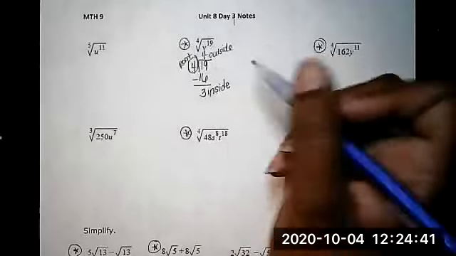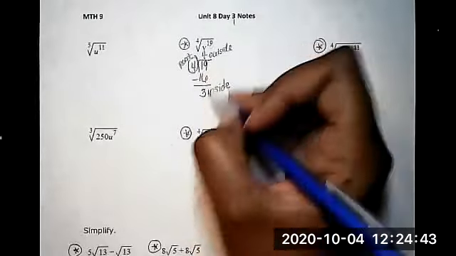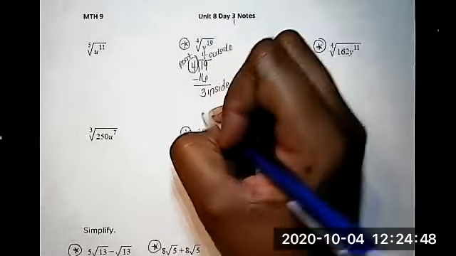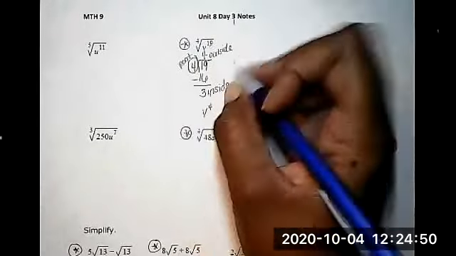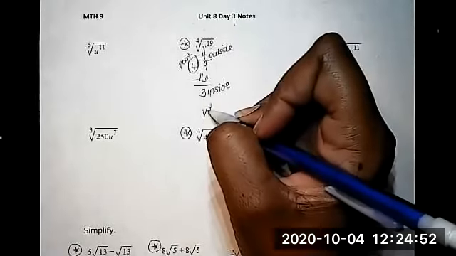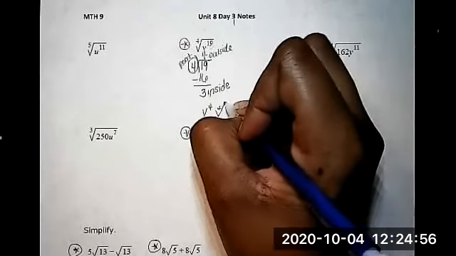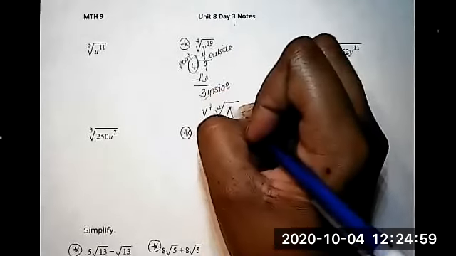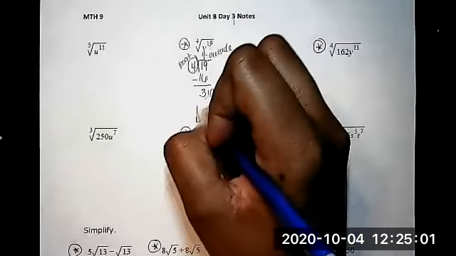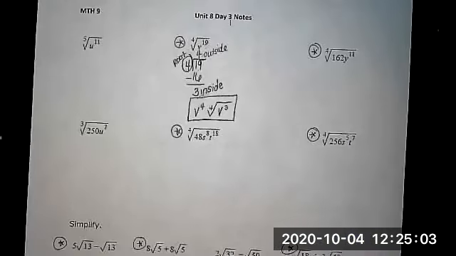So what is it going to look like? Outside is 4, so there's going to be 4 V's. V to the 4th power is on the outside. 4 V's came out. The 4th root of 3 V's are left over inside. So this is your answer.